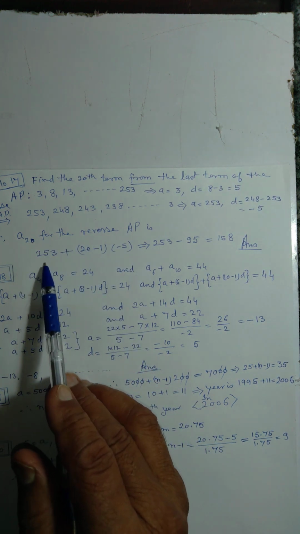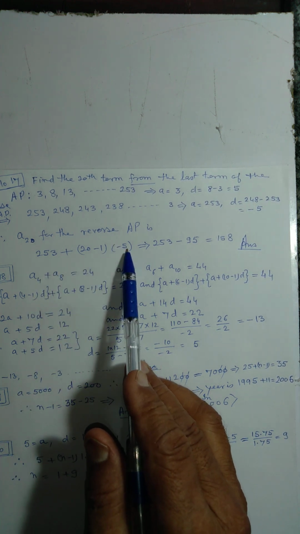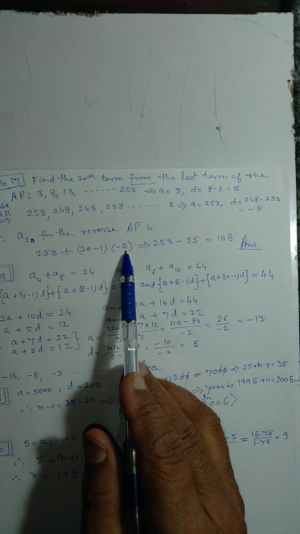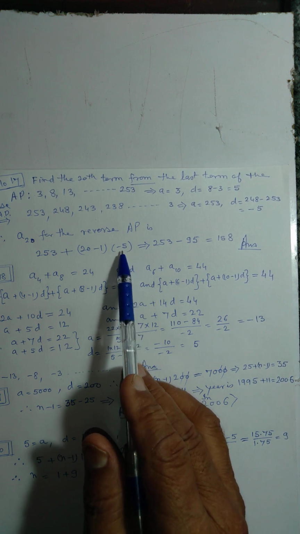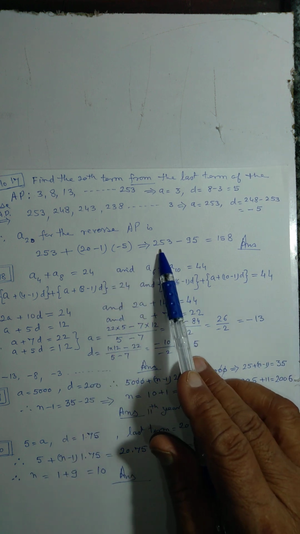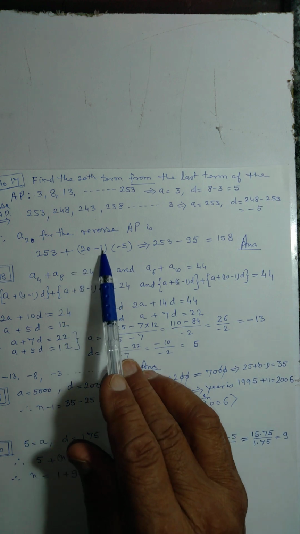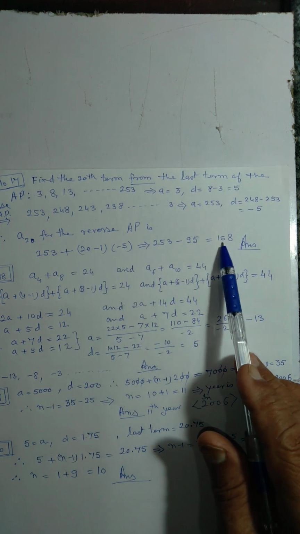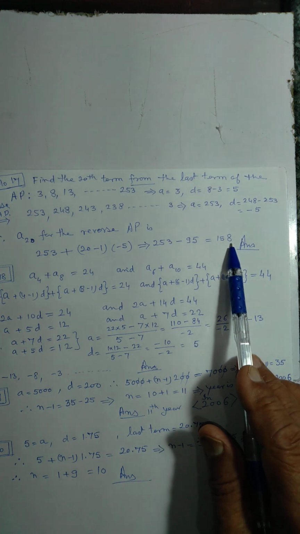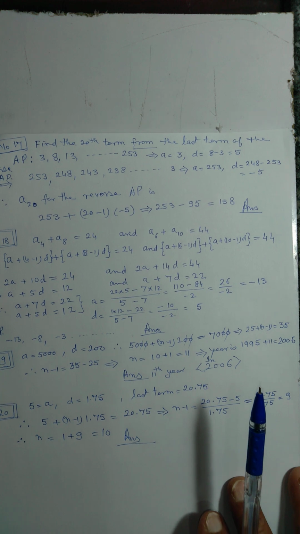So 253 plus 20 minus 1 in bracket, into the common difference, that is minus 5. So solve it, you will get 253 minus 95. You see, 20 minus 1 is 19, 19 into 5 is 95. So you will get 158. Meaning the 20th term will be 158.